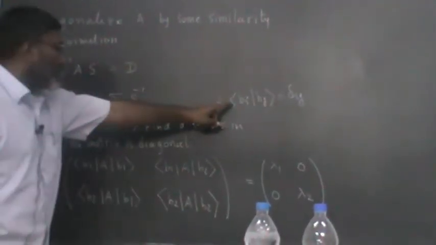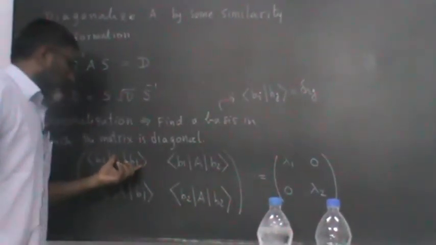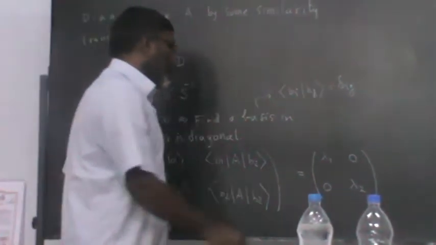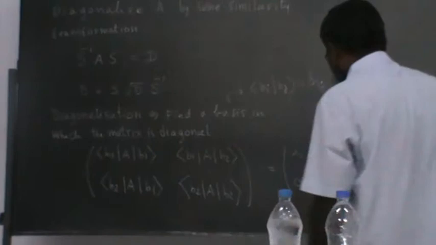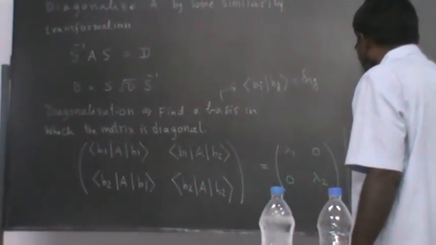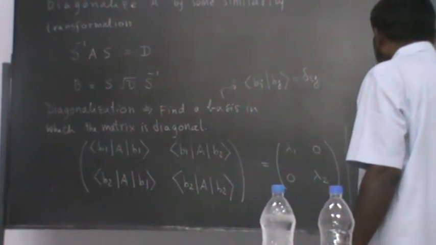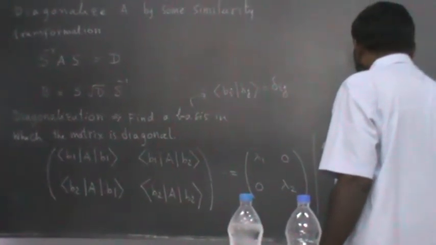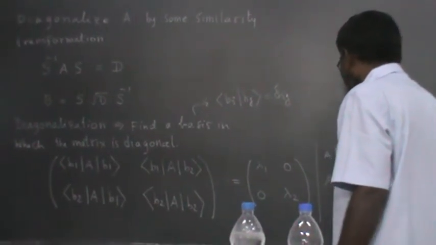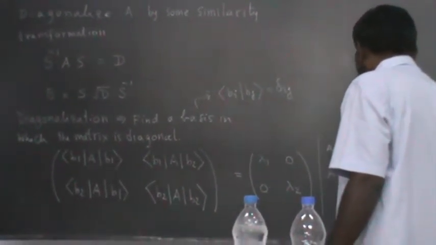Because of this condition, the basis should have the following properties. If this equation has to be satisfied, I must have the property that A of B1 should be equal to lambda 1 times B1, and A of B2 should be equal to lambda 2 times B2.